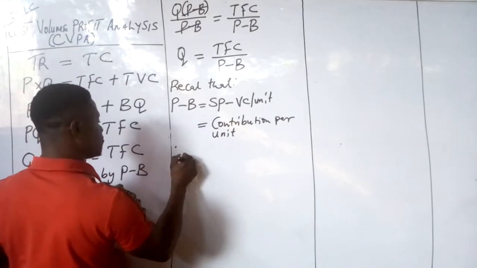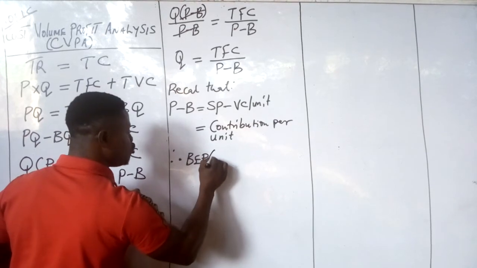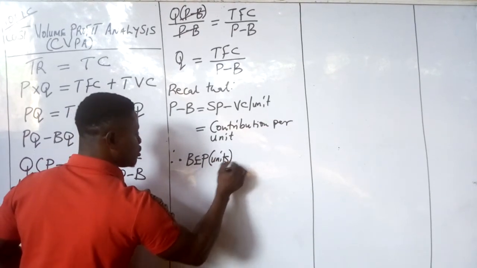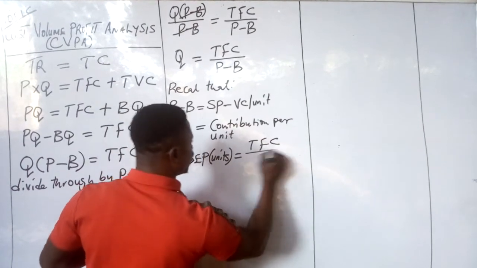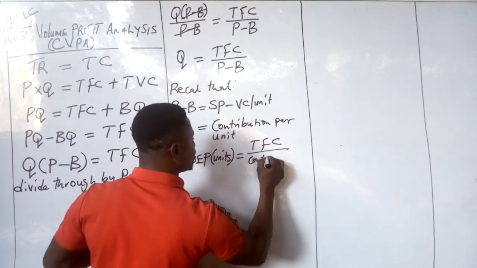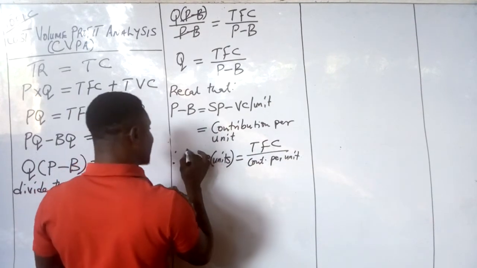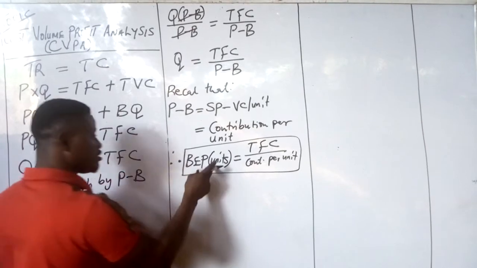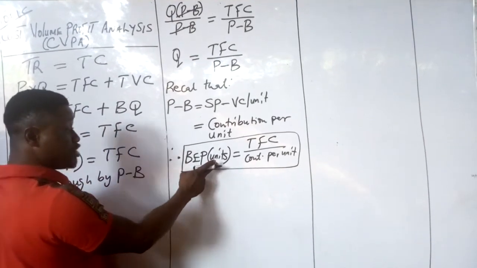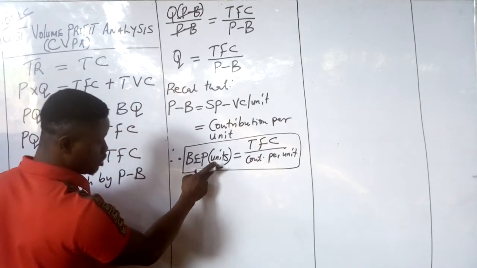Therefore, break-even point in units will be equal to the total fixed cost over the contribution per unit. So this formula will be applicable when you are calculating the break-even point in units. That is the number of units that will make a company not make profit or loss.